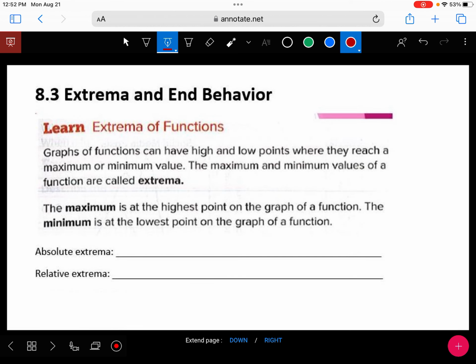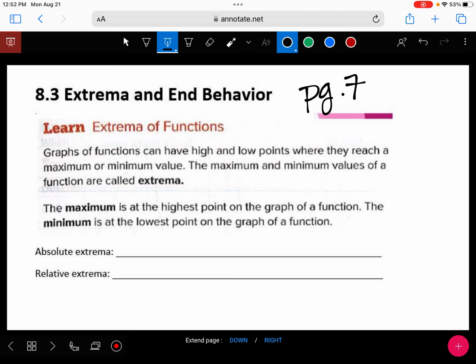So page 7 in the note packet, we have some definitions, they're already there. So today we're going to talk about looking at a graph and finding our maximums.